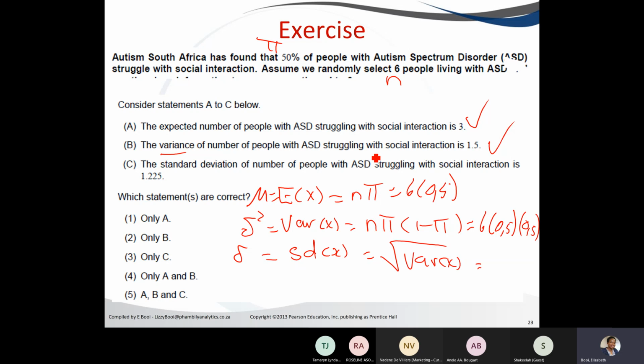The answer you get will be 1.5. And the square root of 1.5 will give you 1.2247, which you can round to 3 decimals and it becomes 1.225, which makes option number 5 the correct answer.